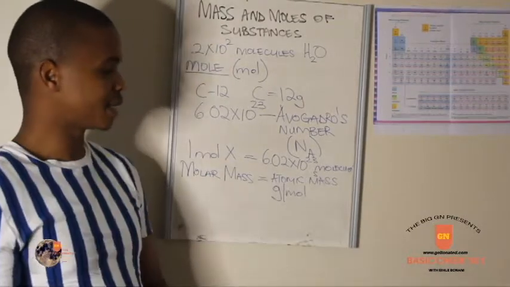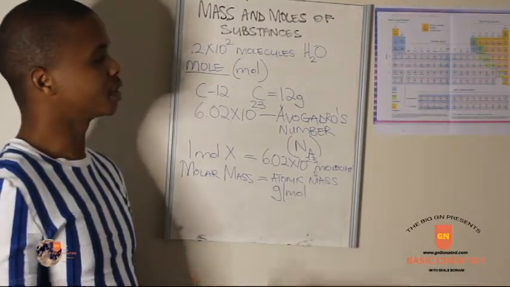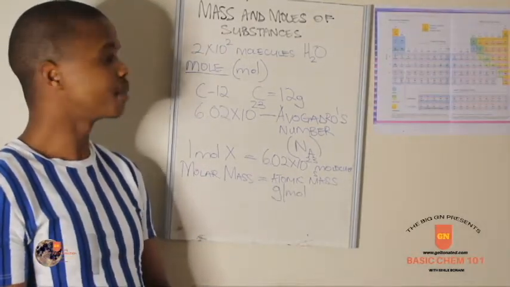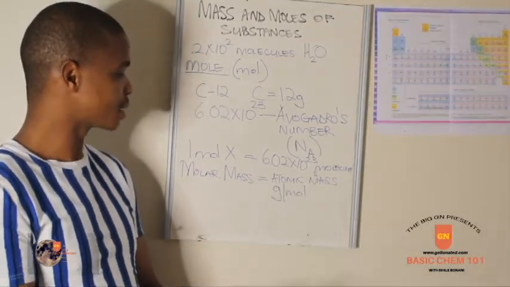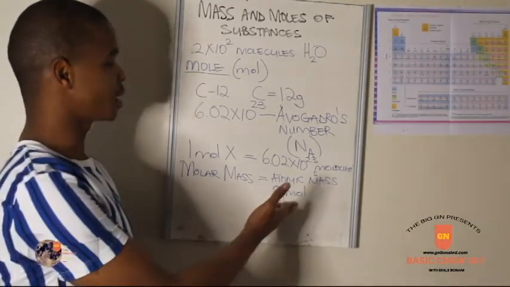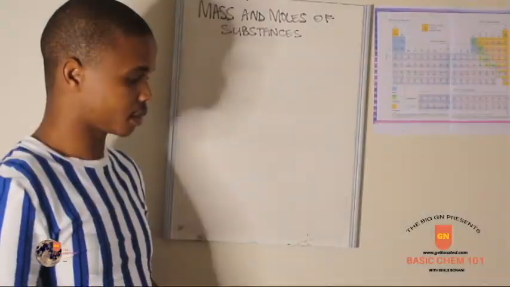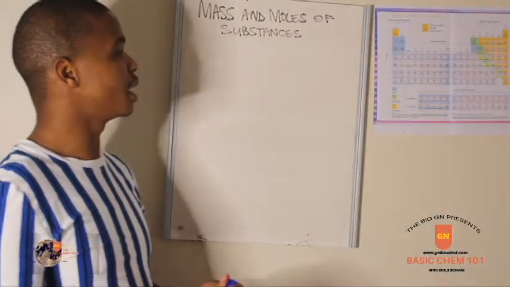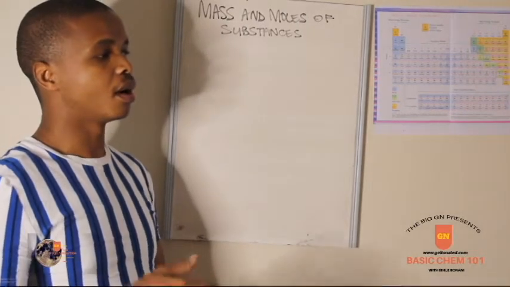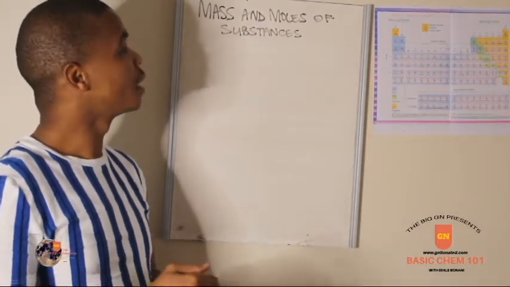But a molar mass is almost the same concept. You would calculate it the same as your formula masses, and instead of writing atomic mass units, you would write grams per mole.